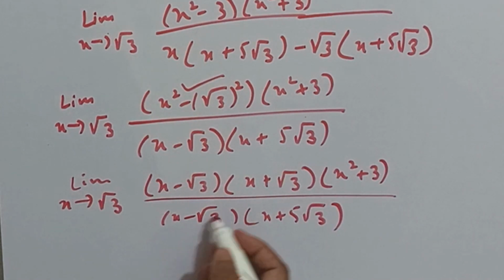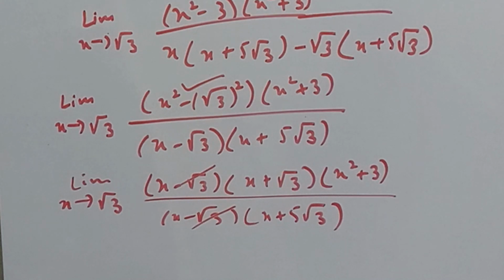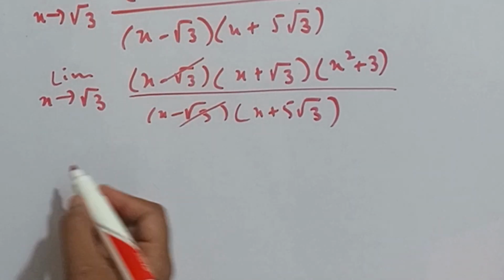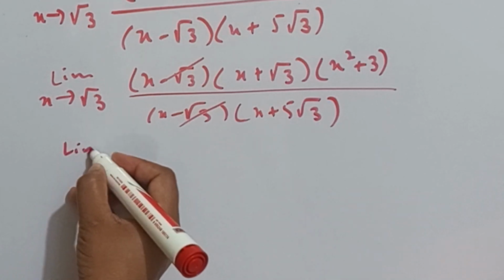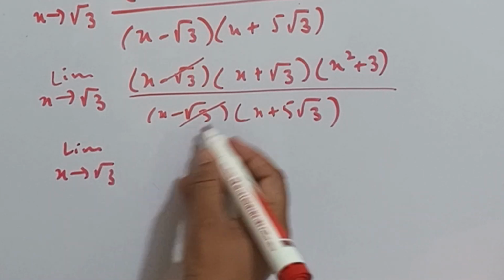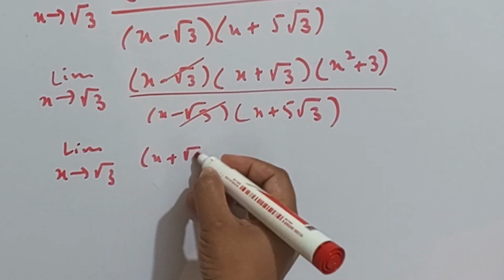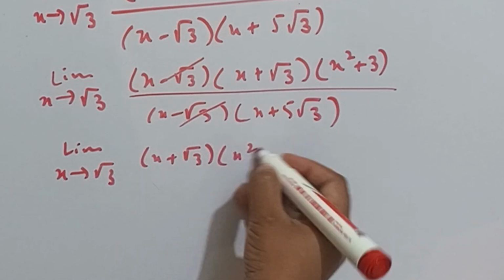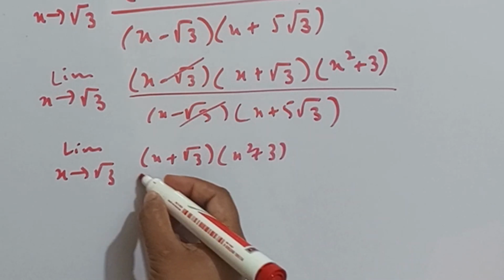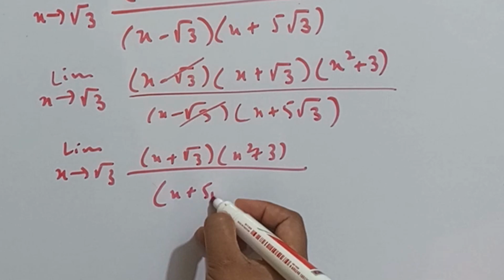Now this x minus square root 3 and this x minus square root 3 cancel, and we write the remaining values. So the limit as x approaches square root 3 of x plus square root 3 multiplied by x square plus 3 over x plus 5 times square root 3.